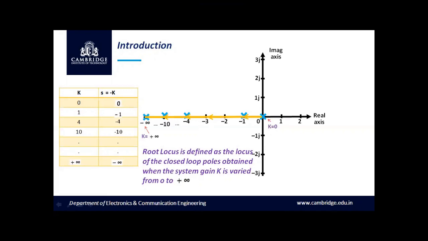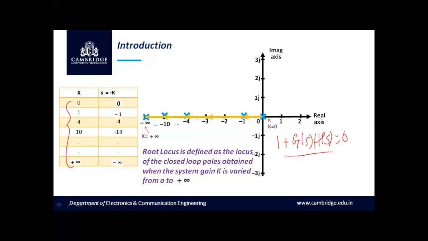Now, whatever roots are present on the root locus should satisfy the equation 1 plus G(s) into H(s) equal to 0, which is nothing but the characteristic equation. Each time we solve this characteristic equation and substitute different values of k, we obtain the location of the poles on the s-plane.